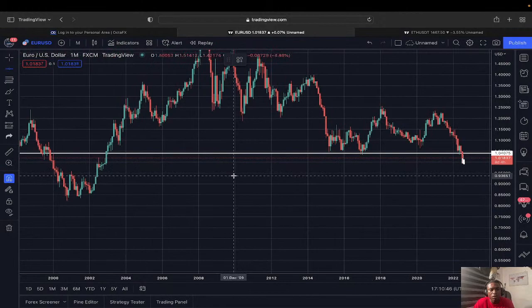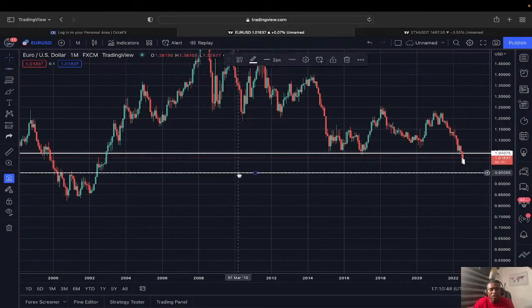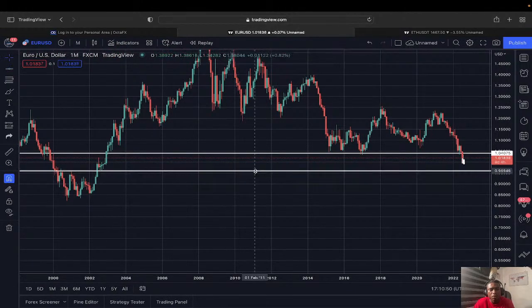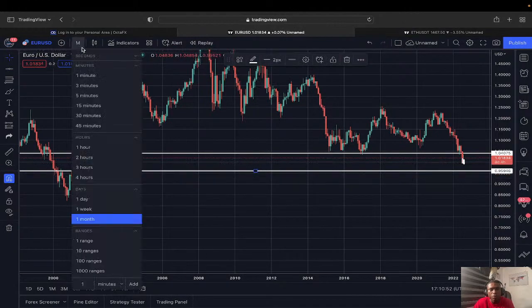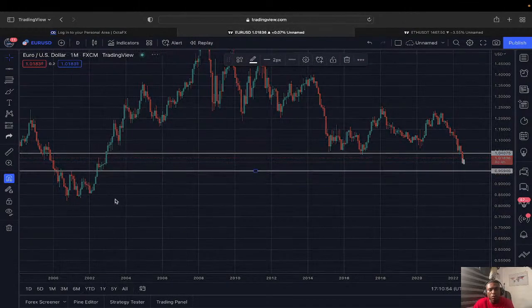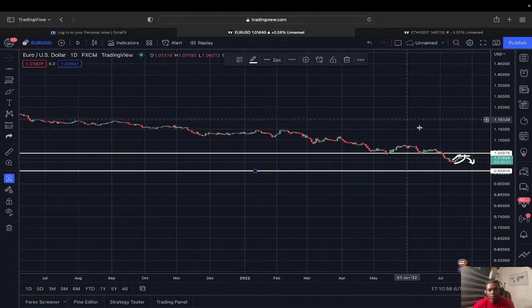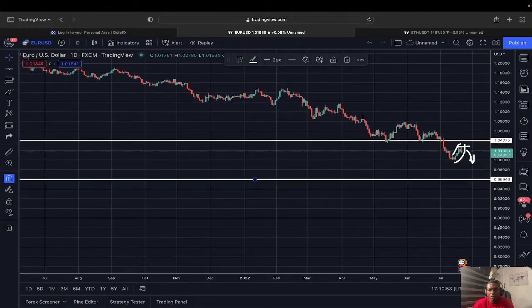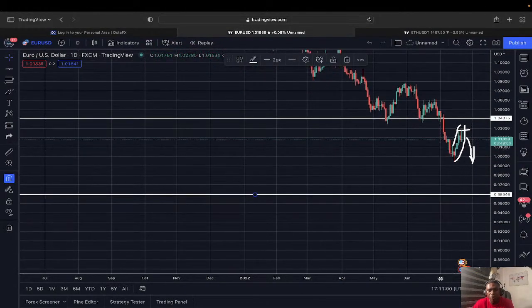This is where the next support level will be. So let's go back to the daily time frame. We can see clearly now.